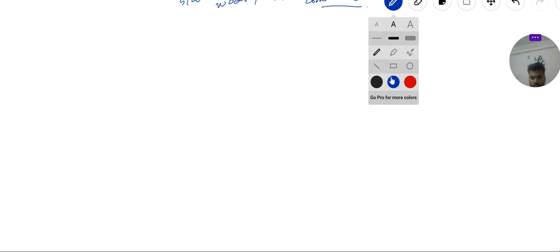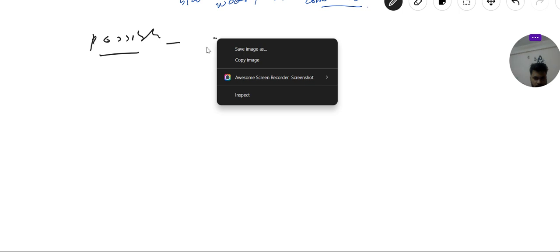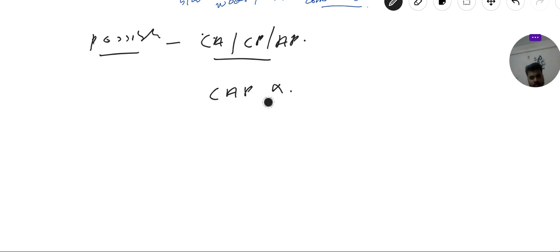Possible conditions are either CA is possible, or CP is possible, or AP is possible. But CAP is not possible. So let's see how.